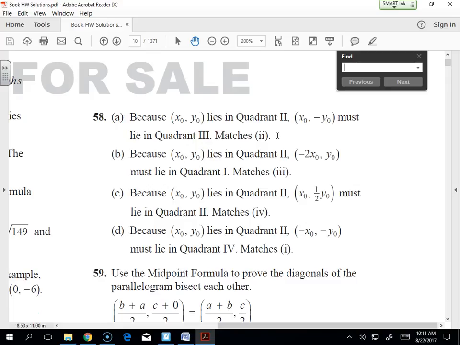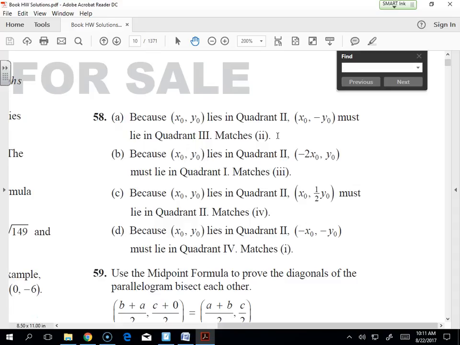If any of your books do not have letter A changed to be negative y sub 0, can you please go ahead and do what others did? You can use a pen. It is an official change. If it's already changed, perfect. If it's not changed, you can use a pen.